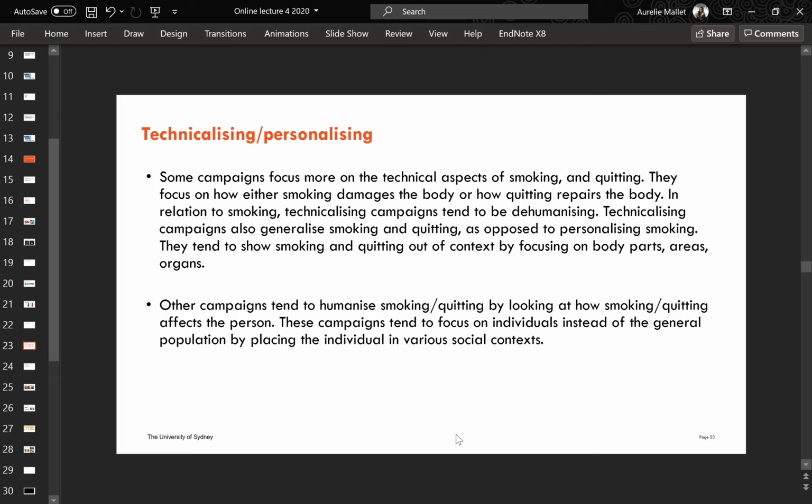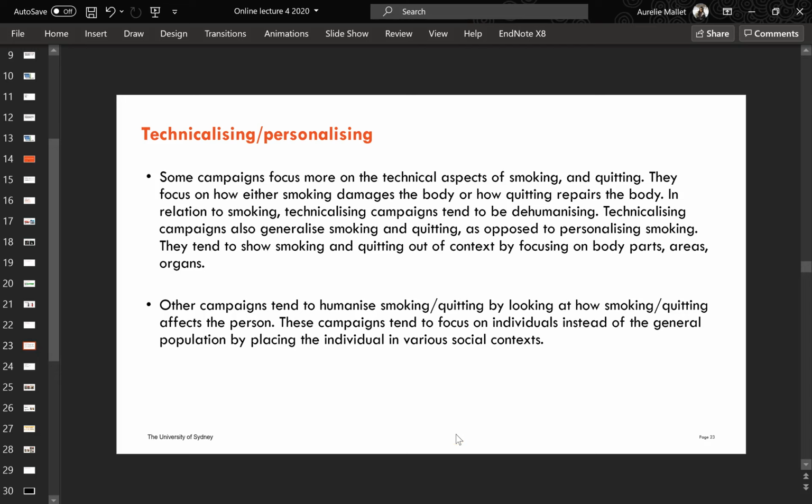They look at smoking and quitting in a very general sense, as opposed to personalizing, which looks at it more from an individual perspective. Technicalizing campaigns tend to show smoking or quitting out of context, and they tend to focus on body parts, limbs, organs, as opposed to people.